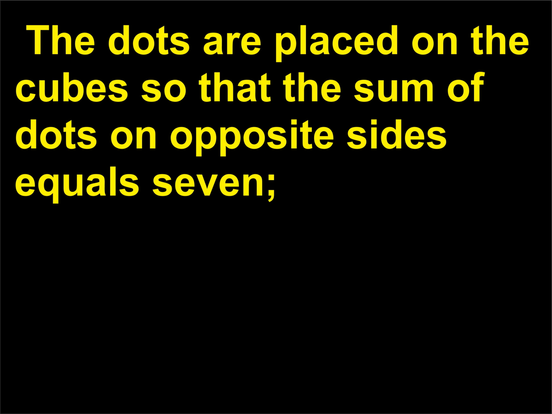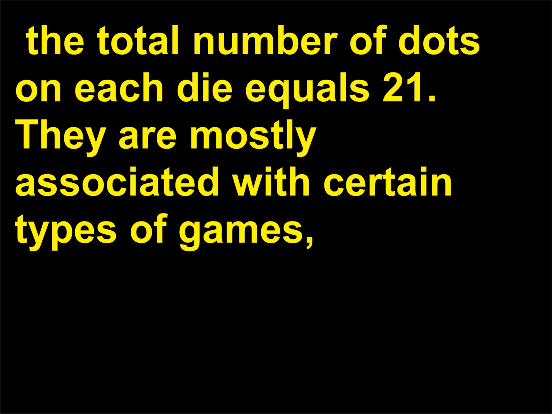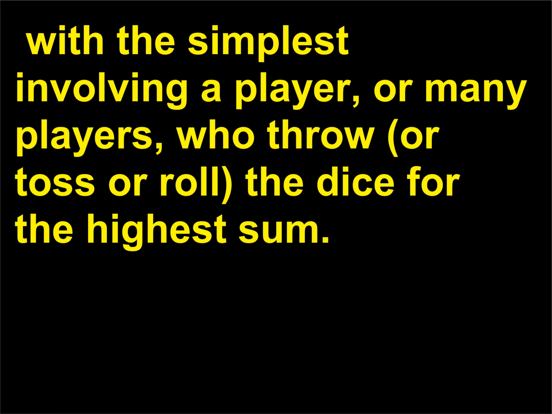The dots are placed on the cube so that the sum of dots on opposite sides equals 7. The total number of dots on each die equals 21. They are mostly associated with certain types of games, with the simplest involving a player, or many players, who throw, or toss or roll, the dice for the highest sum.